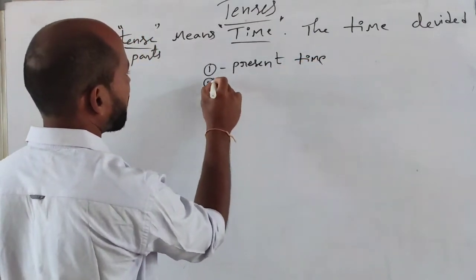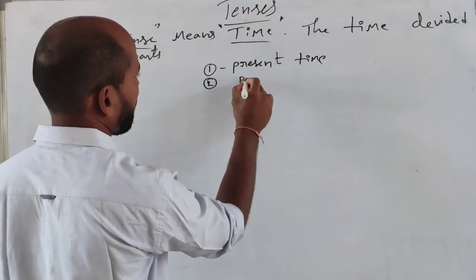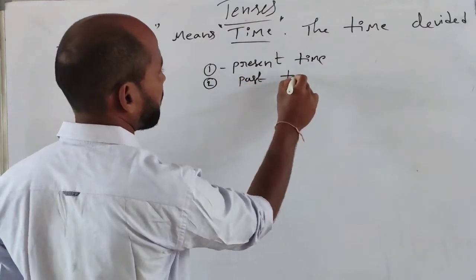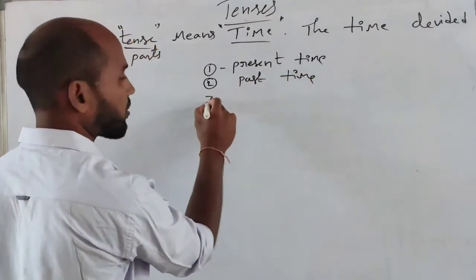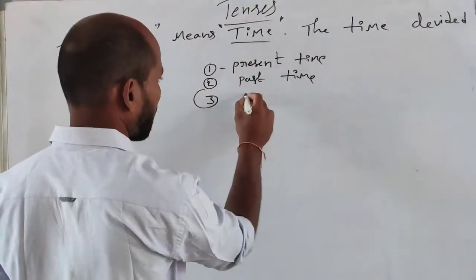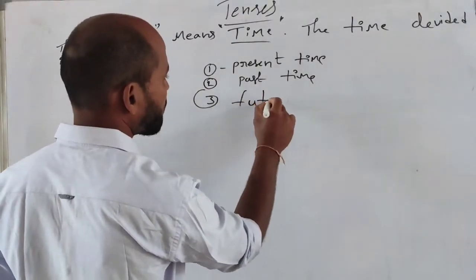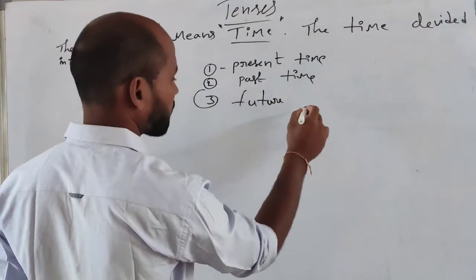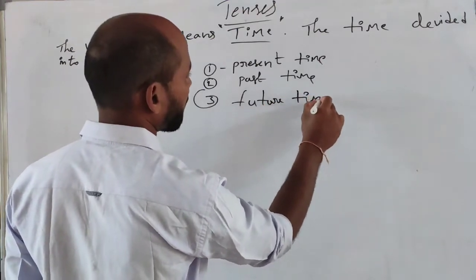The second part is past time. The third part, the last part, is future time.